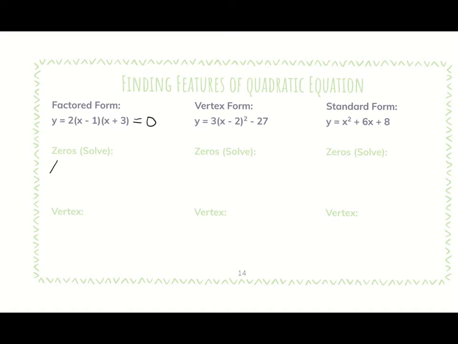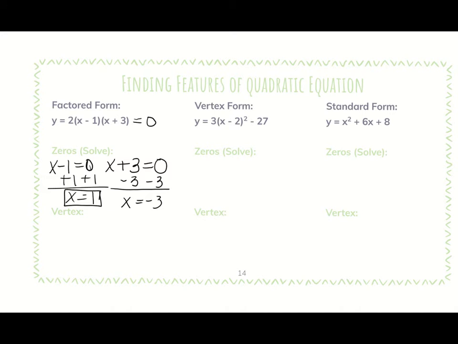So I would say, well, x minus 1 equals 0 and x plus 3 equals 0. And then I would solve for x, and those would be my solutions. In this instance, I have minus 1, so I'm going to add 1 over, giving me x equals 1 as one of my zeros. And then in this one, I would do the opposite, subtract 3, and that would give me x equals negative 3. Boom, done. Zeros of factored form.